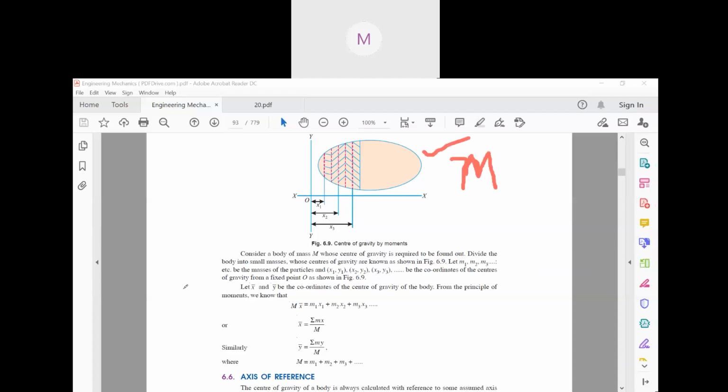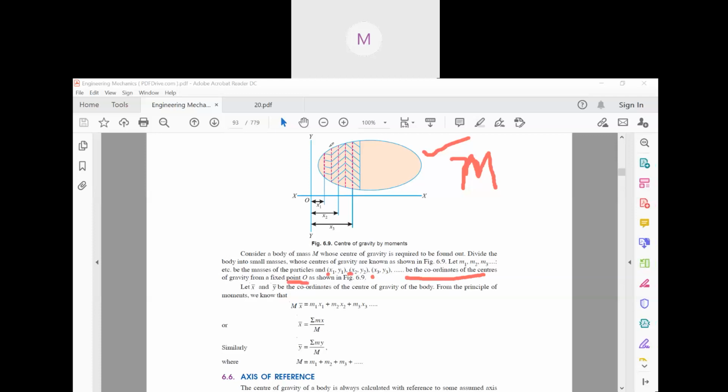Now let x1 y1, x2 y2, x3 y3 be the coordinates of the centers of gravity from a fixed point O.